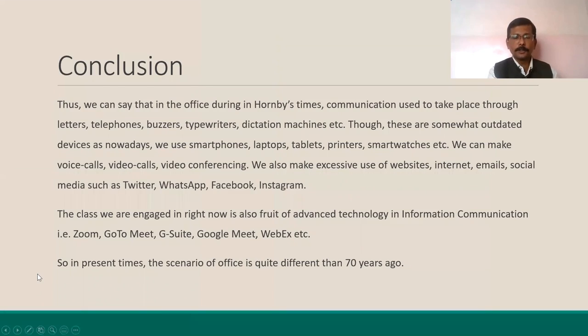Then to conclude, what is the conclusion of today's lesson? We can review the system of communication, how we used to communicate. In the early stage of civilization, people used to send envoys. A man would take the message of a king or queen to another king or queen or official person.